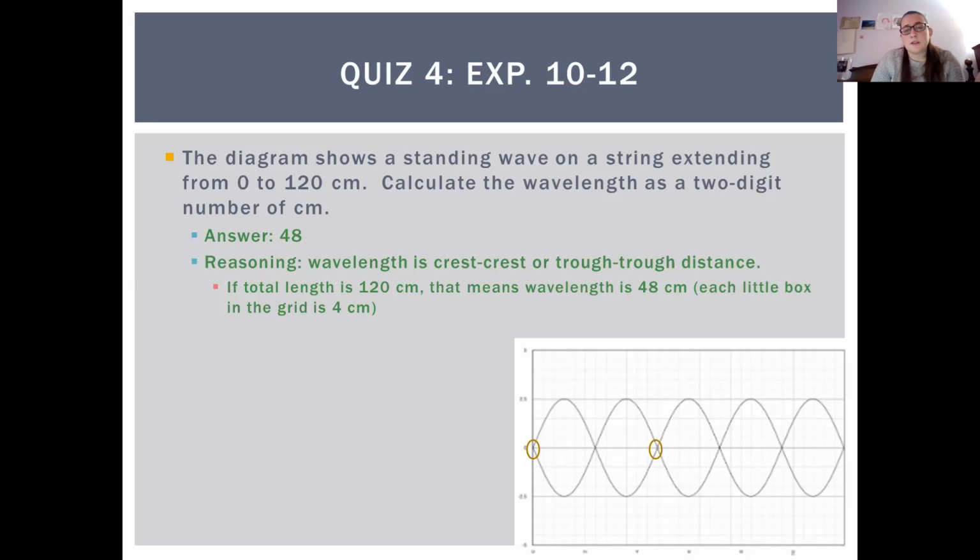And you have to be careful in this picture to follow just one waveform. So I chose this part just because it's conveniently at 0. And then if we follow that all the way around to where it crosses the axis again at the same point in the wave, we can see that is a value of, here's 40, 44, 48 is our correct answer. So 48 centimeters is the wavelength.